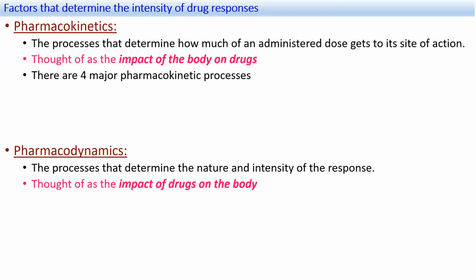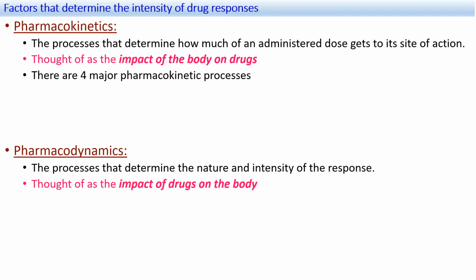Pharmacokinetics: the processes that determine how much of an administered dose gets to its site of action. We can look at pharmacokinetics as the impact of the human body on medications. There are 4 major processes included within pharmacokinetics.